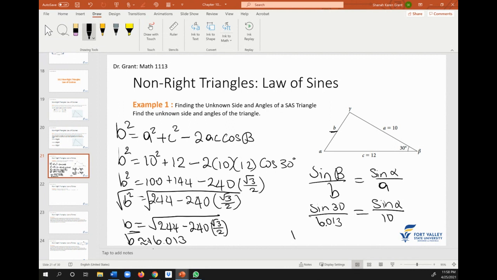We know that 10 times sine of 30, we can just put it in the calculator as is, equals 6.013 times sine of alpha. Right? And so, let me make some space here.